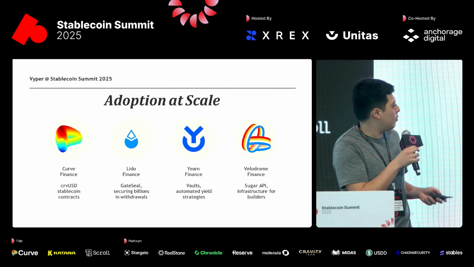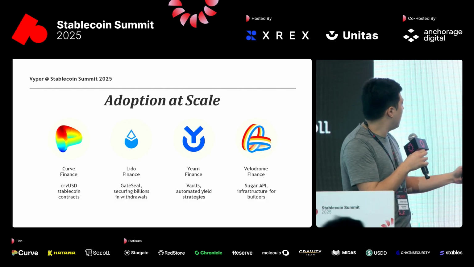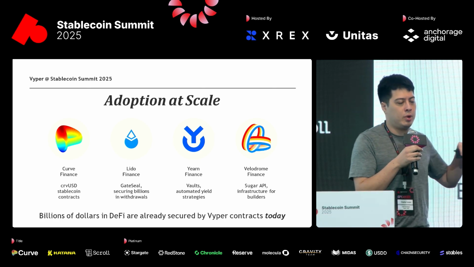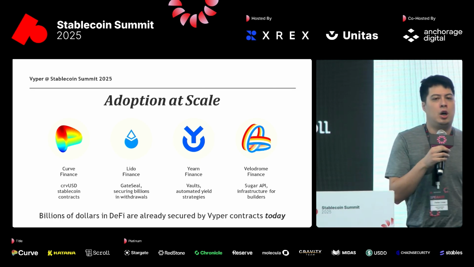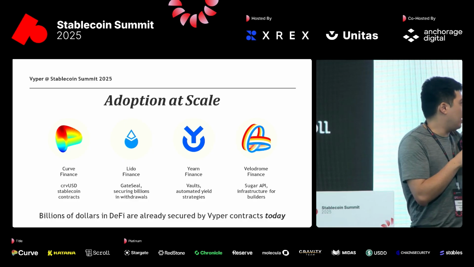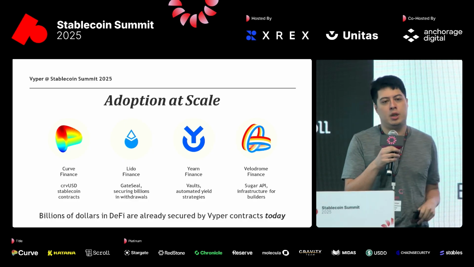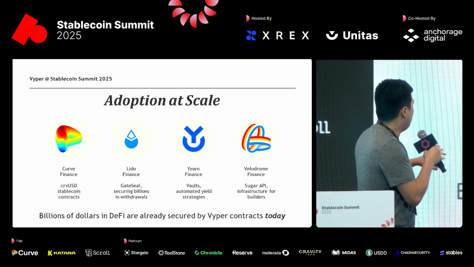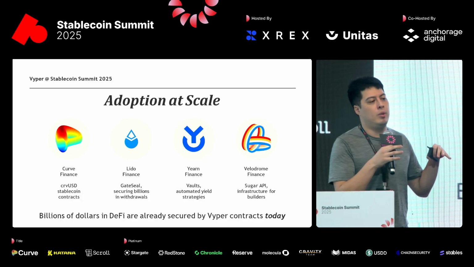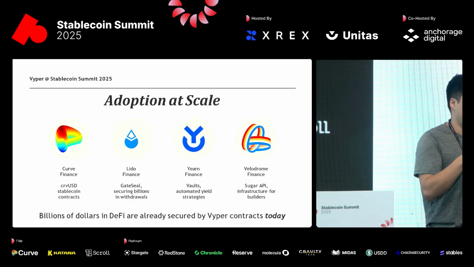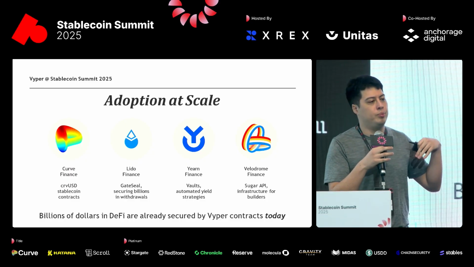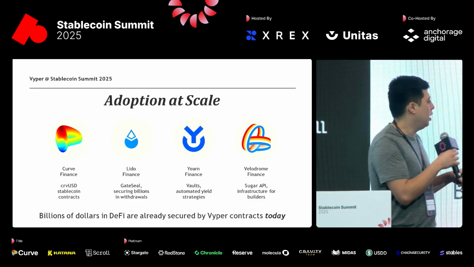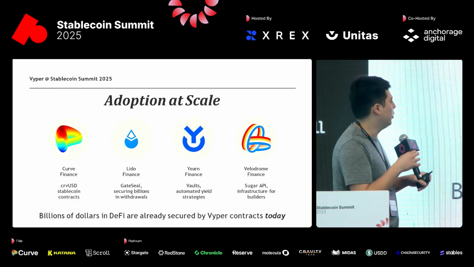So what are some examples? We have Curve, Lido has part of its infrastructure written in Vyper, so does Yearn. A lot of Yearn vaults are written in Vyper, as well as Velodrome Finance. These all are integrated in different ways. With Curve, the core AMM, the core lending protocols, and the CurveUSD stablecoin are also written in Vyper, as well as the new Yield Basis protocol.